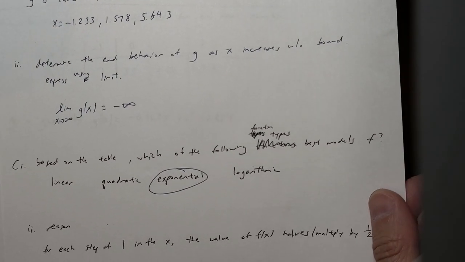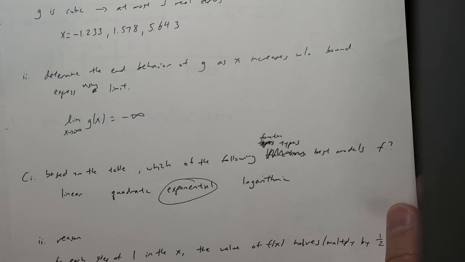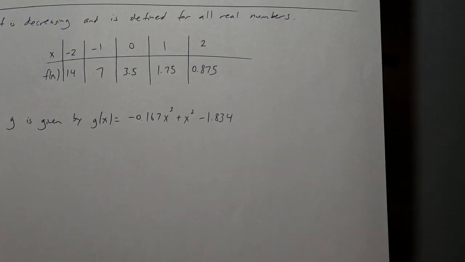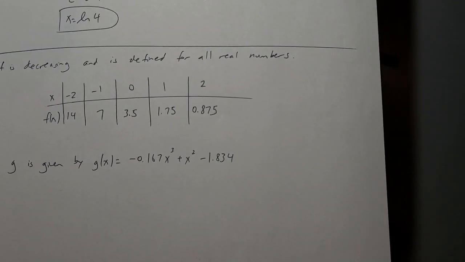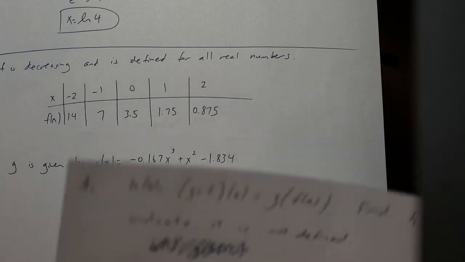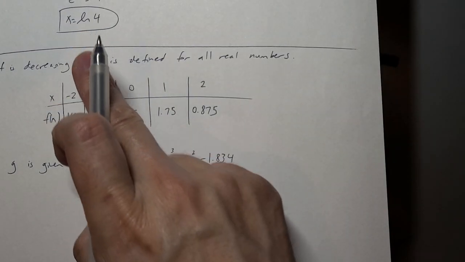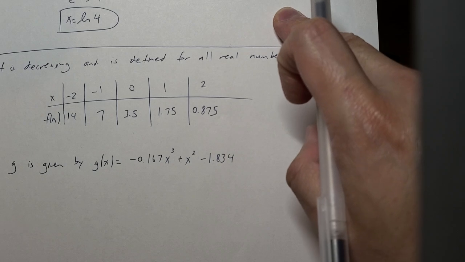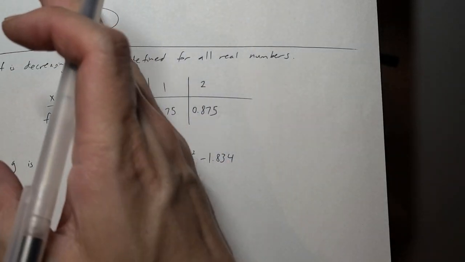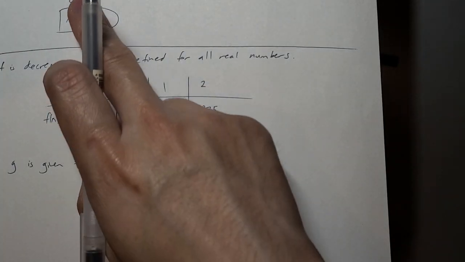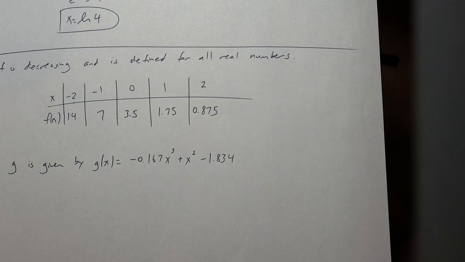Okay? Part C, based on the table, which of the following function types best models f? It's exponential. How do I know that? Well, first of all, it's probably not a quadratic because a quadratic changes direction. It's not monotonic is what I'm trying to say.